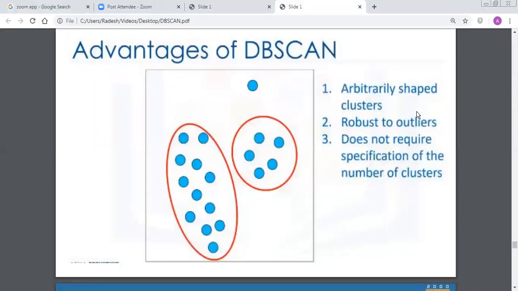Outliers are nothing but noise. Robust to noise in the sense that it will act tough against the noise data existing in the cluster, and it does not require specification of the number of clusters.